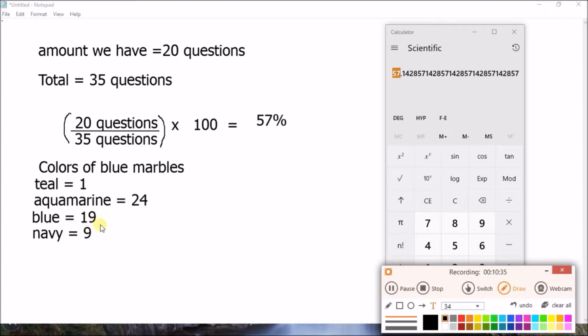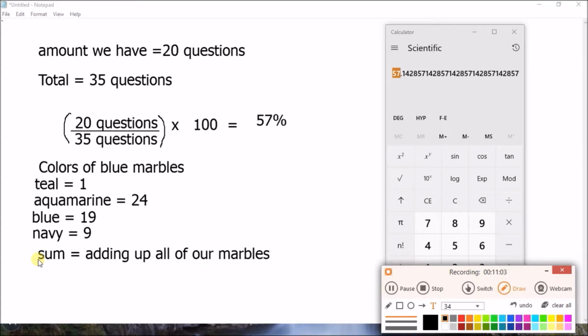So we're going to go ahead and add up the total first, because we want to know what percent we have of blue marbles of our total. So first we have to find the sum. Now remember that a sum is just basically adding up all of our marbles here in this case.